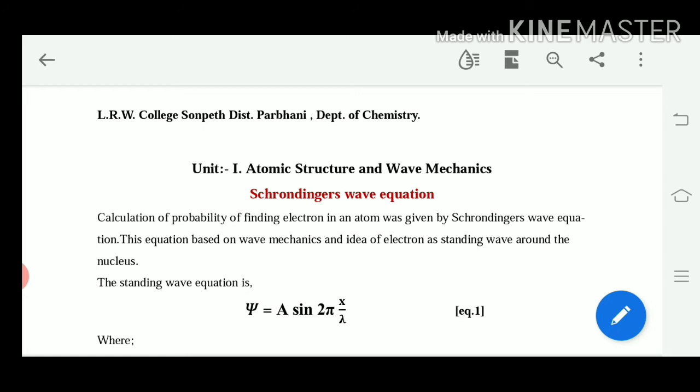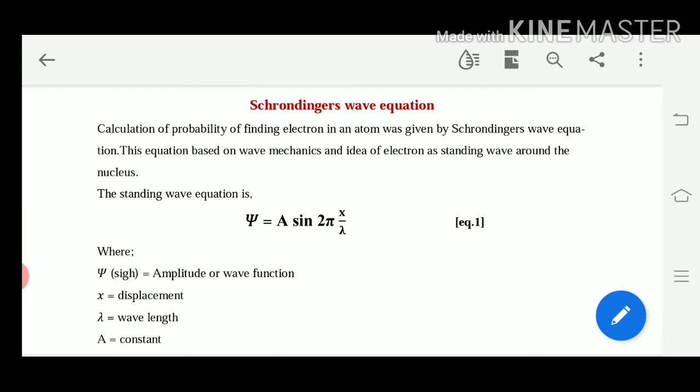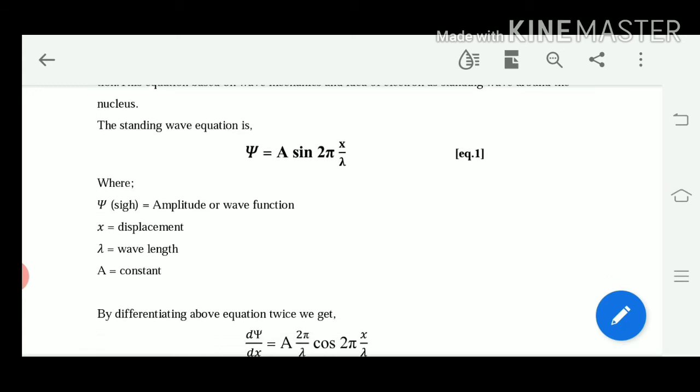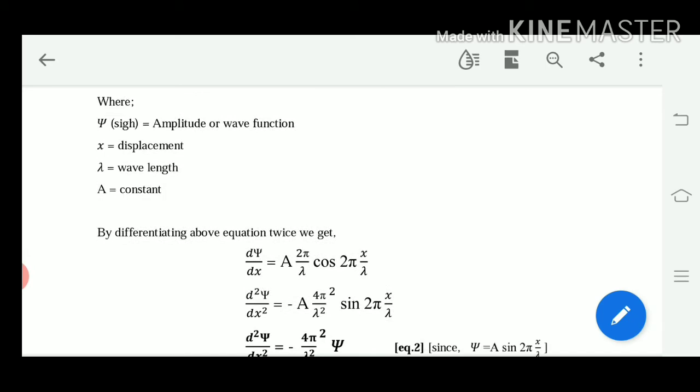So we know the standing wave equation is psi is equal to A sin 2 pi x by lambda, where A is the amplitude, x is the displacement that the wave is traveling, and lambda is the wavelength, which is constant. Differentiating this equation once, we get dou psi upon dou x is equal to A 2 pi by lambda cos 2 pi x by lambda.